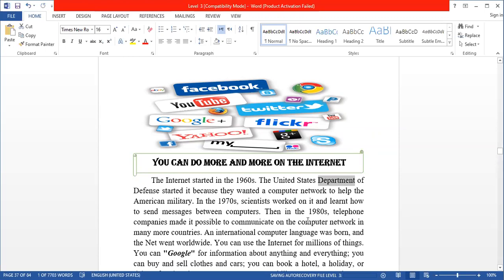Then in the 1980s telephone companies made it possible to communicate on the computer network in many more countries. هنا عندنا telephone companies اللي هي شركات الهواتف السيارة والمحمولة. تليفون اللي هو a device that a person can hold in his hand to contact somebody.